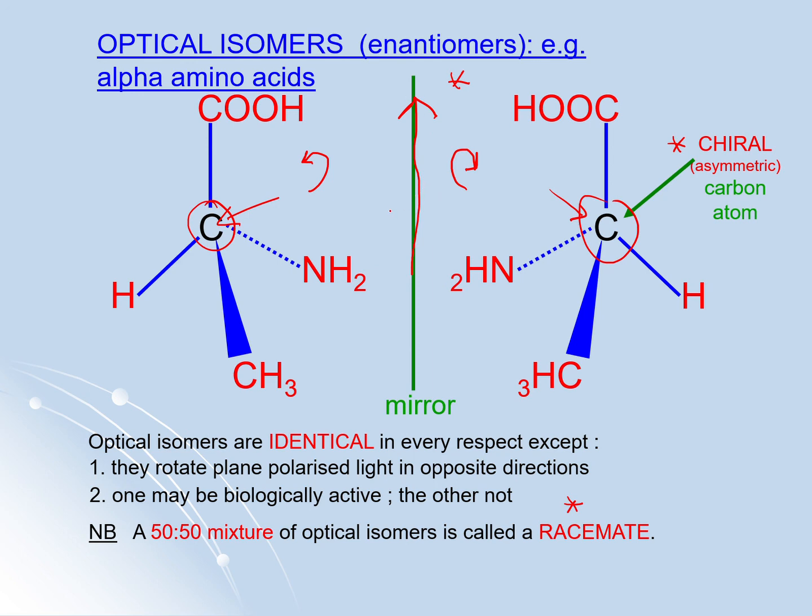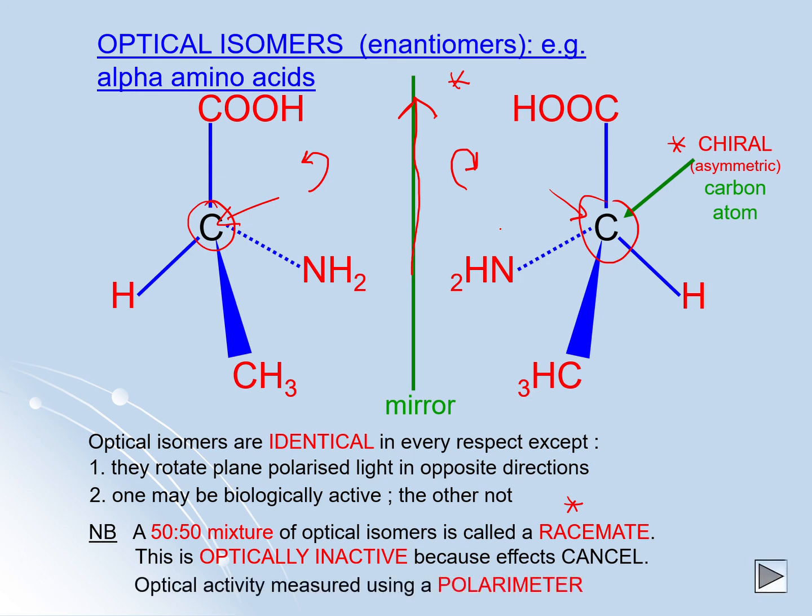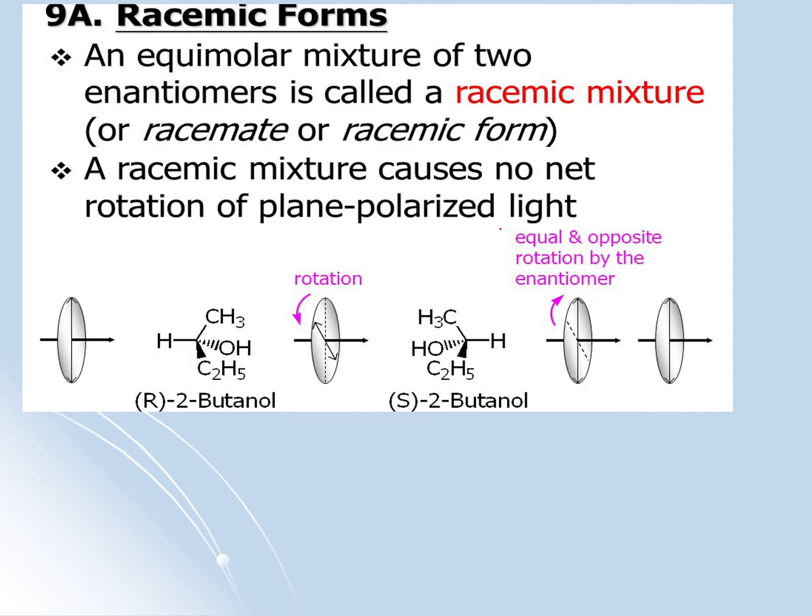So you get this point where you have optical isomers in a mixture, but the mixture itself is not optically active because the isomers are in a 50-50 mixture, or a racemate, or a racemic mixture. So it's an optically inactive mixture made of optically active molecules. Hope that makes sense.